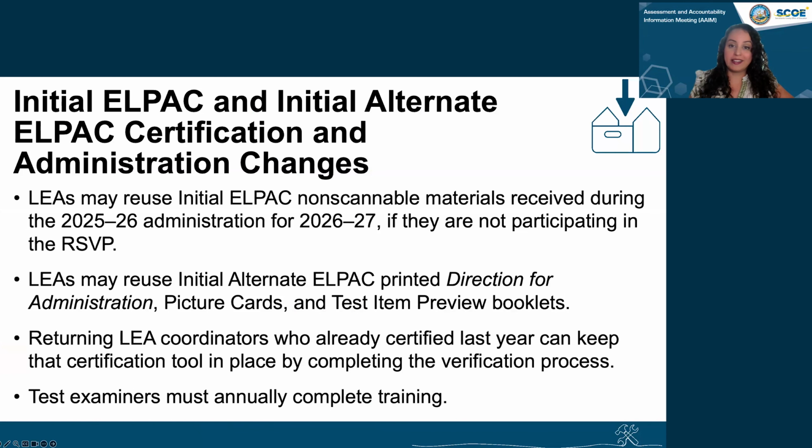For the initial ELPAC, LEAs may reuse non-scannable materials, such as printed directions for administration or DFAs, and answer books for the 2026-2027 administration, if they were printed during the 2025-26 administration, and if they are not participating in the rotating score validation process, also known as RSVP. For the initial alternate ELPAC, LEAs may also reuse printed DFAs, picture cards, and test item preview booklets.